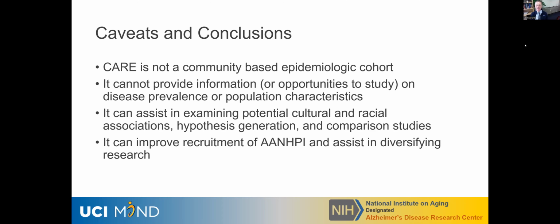So this is not meant to be discouragement, far from it. We highly encourage investigators to utilize CARE, but to do so with a clear understanding of the caveats that it may produce. You could imagine studies that compare Asian Americans recruited from CARE to Hispanic Americans recruited from other registries, for example. This would bring some limitations.